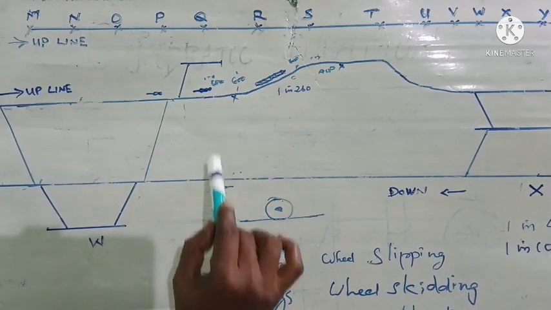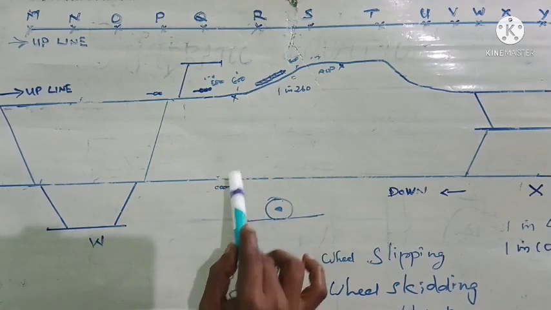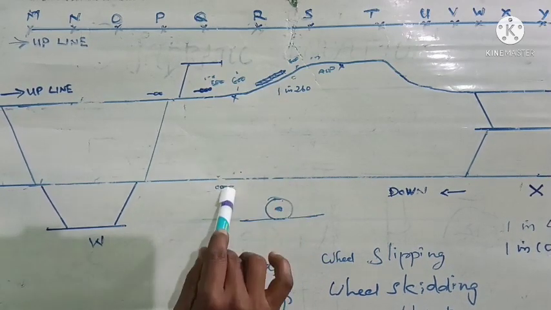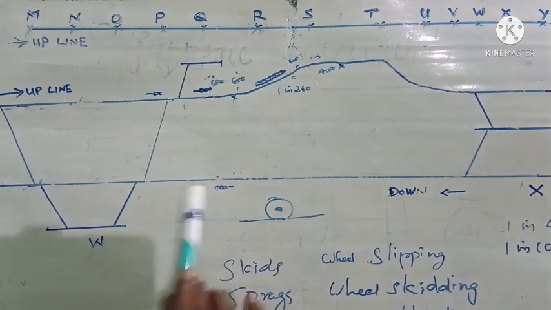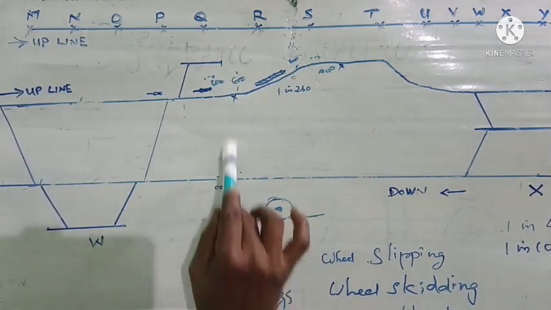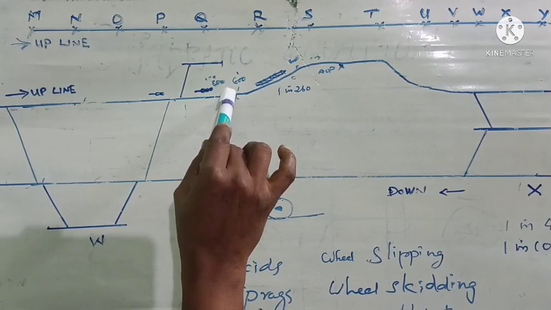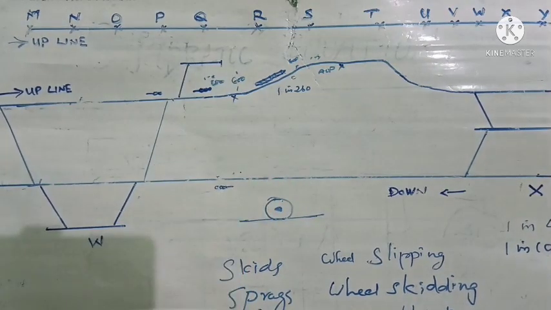So normally this train will be approaching the home signal first, though it is in the opposite line, or in the down line. This train will come and stop just opposite this home signal. Here it will come and stop.